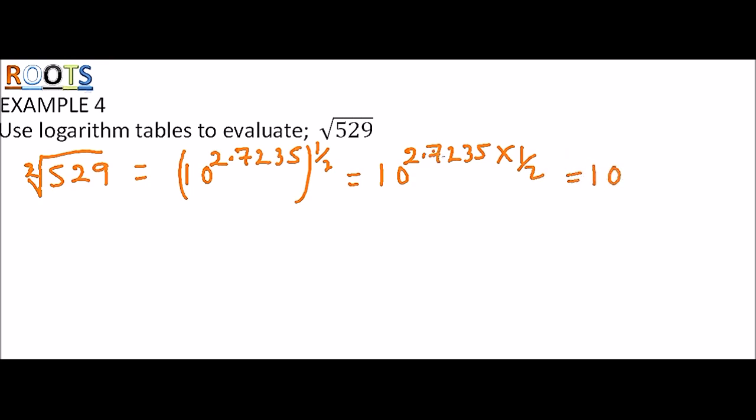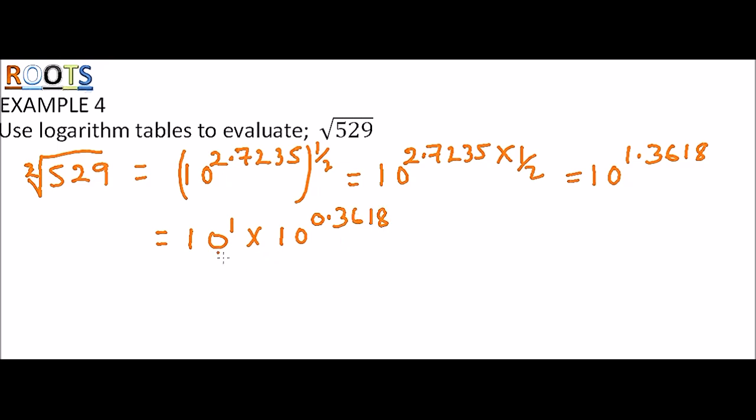When you divide 2.7235 by 2, you get it is 1.3618. Now we can separate this and write this is equals to 10 to power 1 multiplied by 10 to power 0.3618.